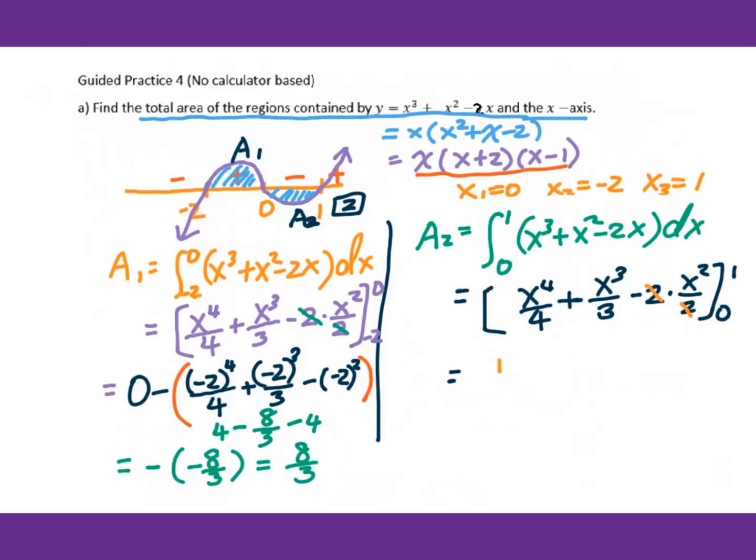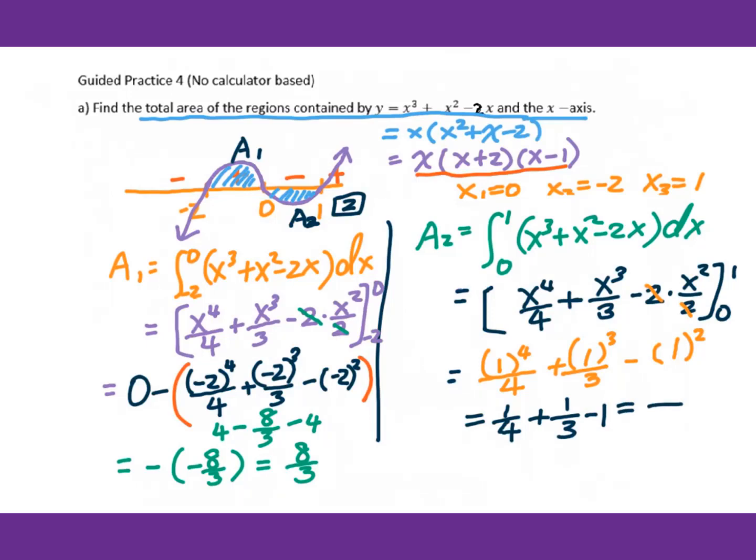So you get 1 fourth power over 4 plus 1 third power over 3 minus 1 squared. Now you will get 1 over 4 plus 1 over 3 minus 1. That is 7 over 12 minus 1, which gives you negative 5 over 12.